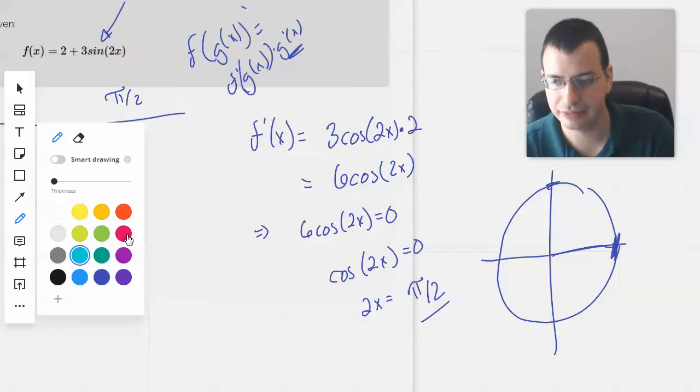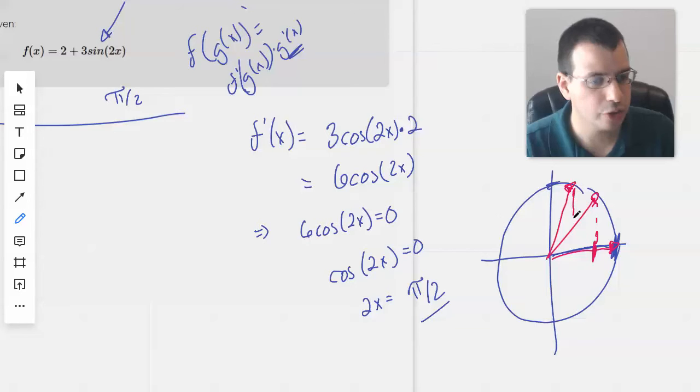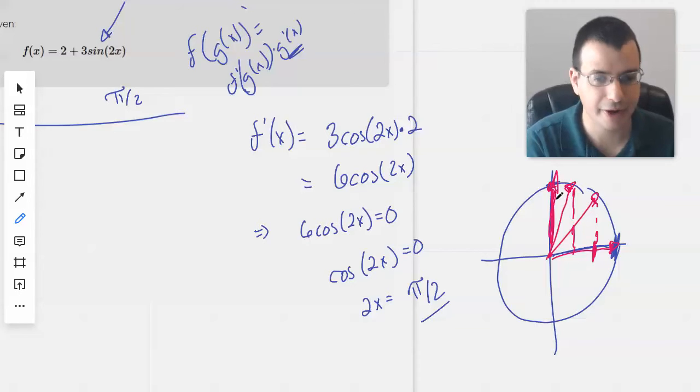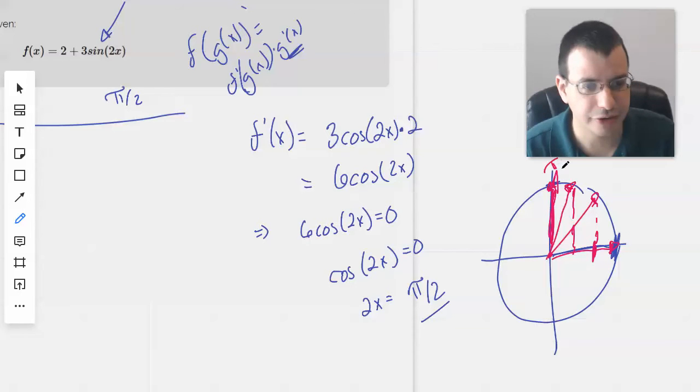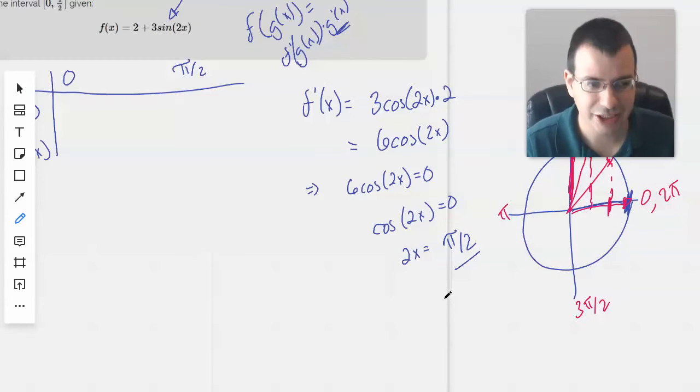Here you have 100% cosine, here your cosine is only up to there, which is basically your x value, down to there. And so you're going to get 0 for cosine at pi over 2. So this is pi over 2, this is pi, this is 3 pi over 2, and this is back to 0, or affectionately referred to as 2 pi.